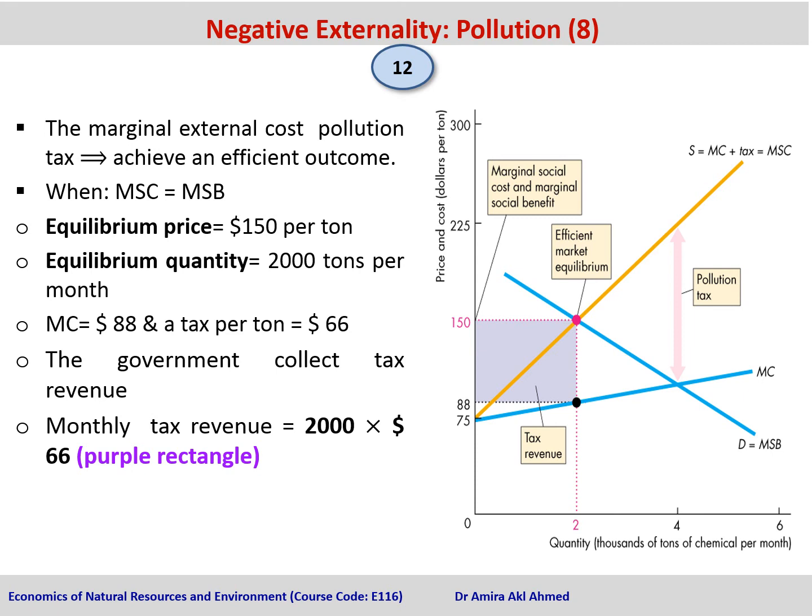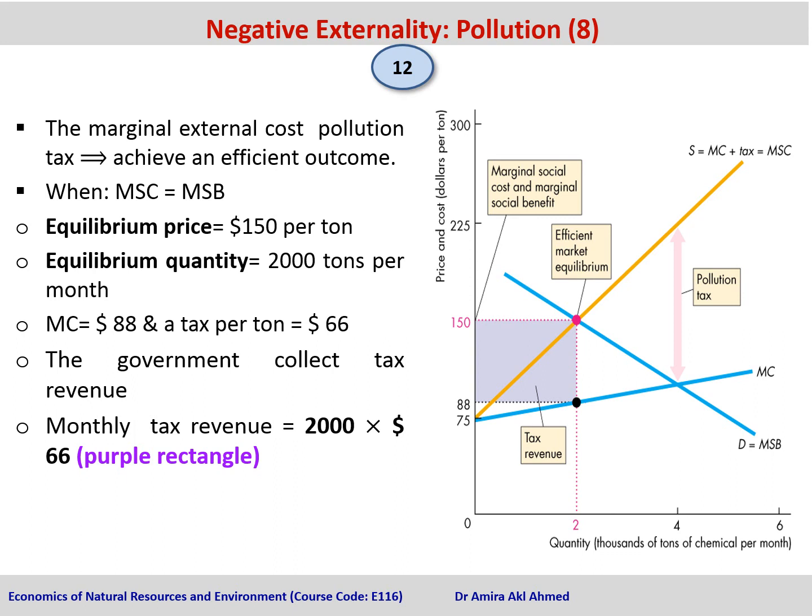In this figure, the appropriate tax equals the length of the double-headed arrow. The supply curve is also the marginal social cost curve because the pollution tax has been set equal to the marginal external cost. Market equilibrium occurs at a price of $150 a ton and a quantity of 2,000 tons of chemical per month.